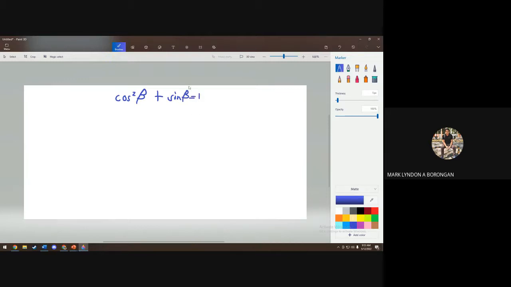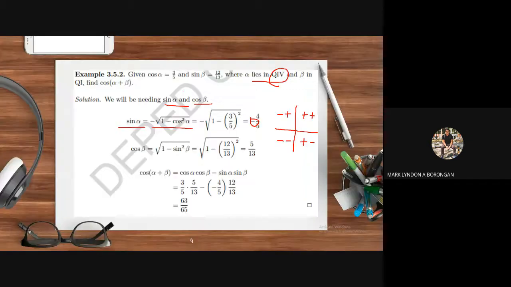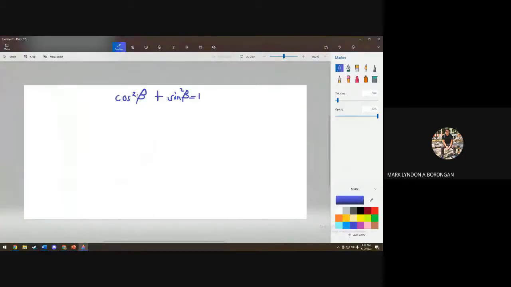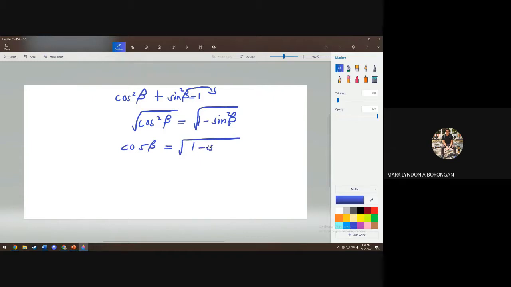Since it is cosine we want, we transpose the sine. So cosine squared of beta is equal to 1 minus sine squared of beta. Square root both sides: cosine of beta is equal to the square root of 1 minus sine squared of beta.